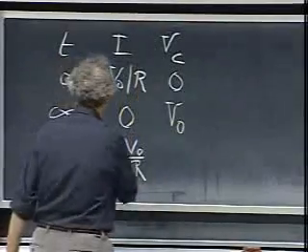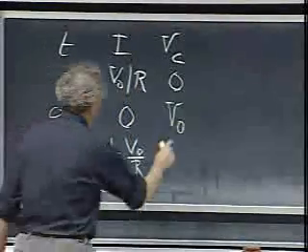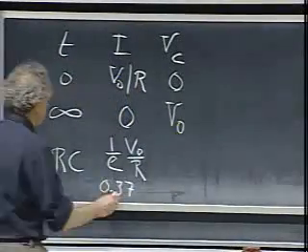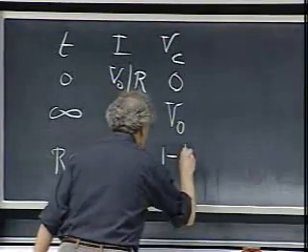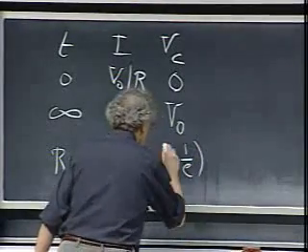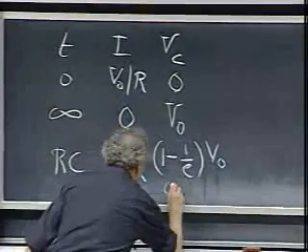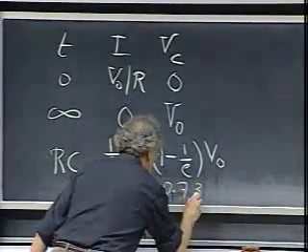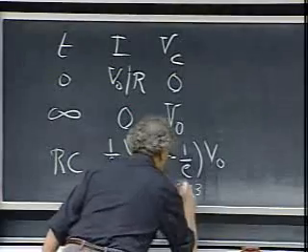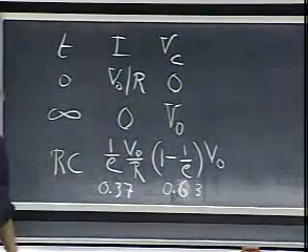And after a time RC, the potential over the capacitor is 1 minus 1 over e times V0, and that is then about 0.63, 63%.